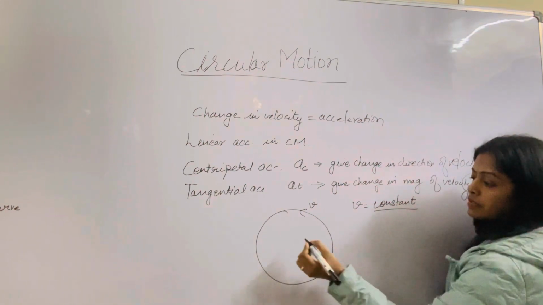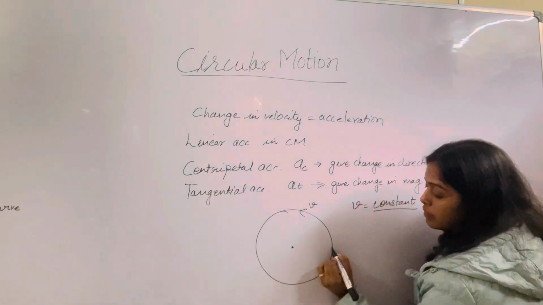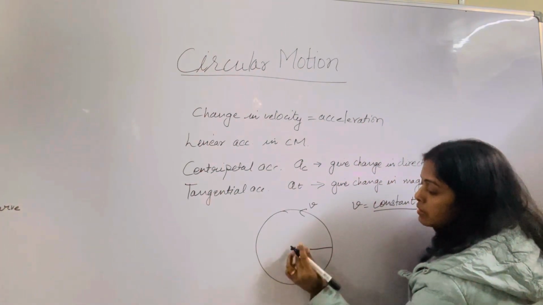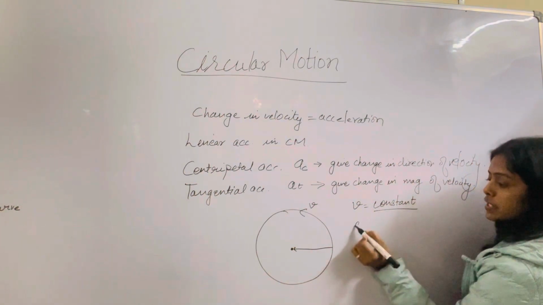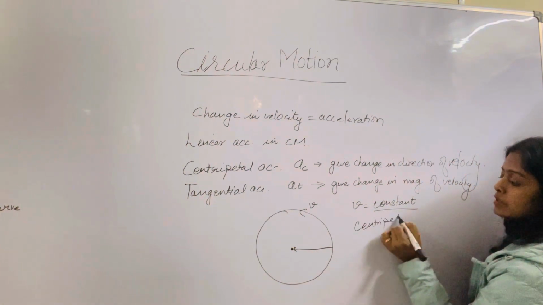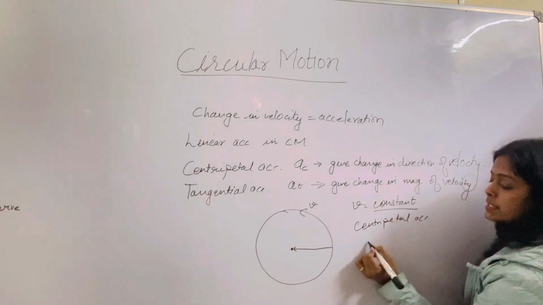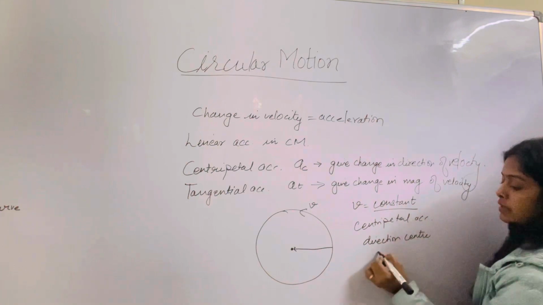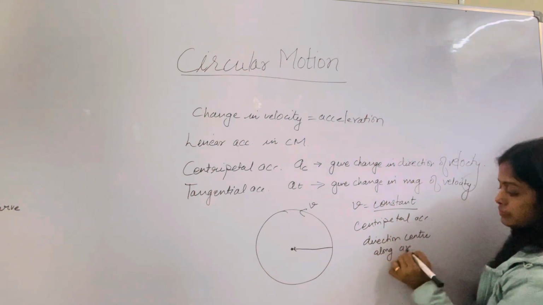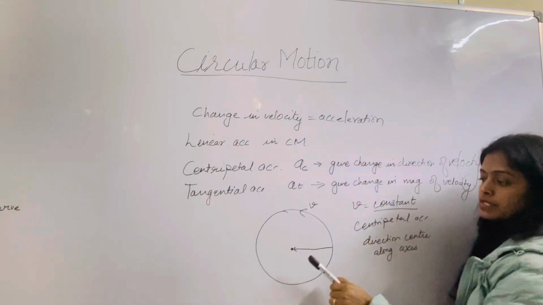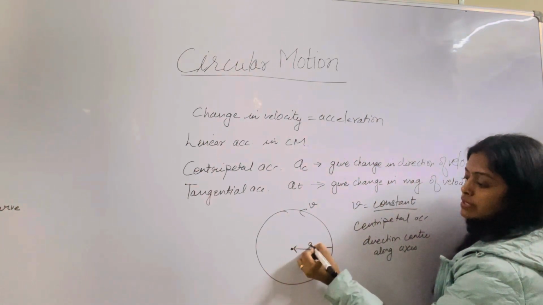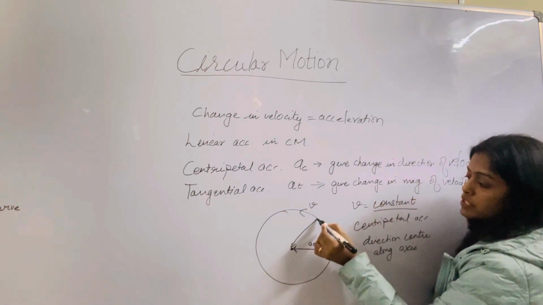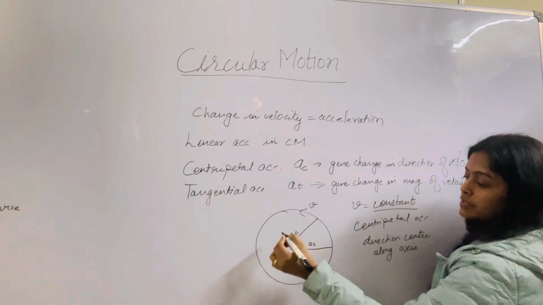Centripetal acceleration is always directed toward the center of the circle, along the radius. So if we find it at this point, the centripetal acceleration will be in this direction.